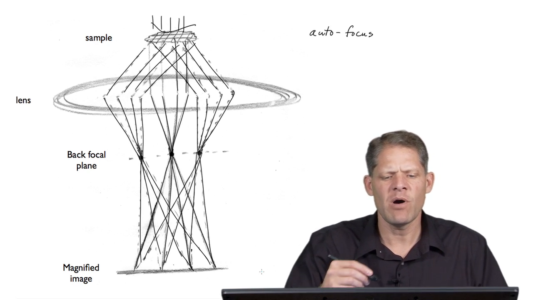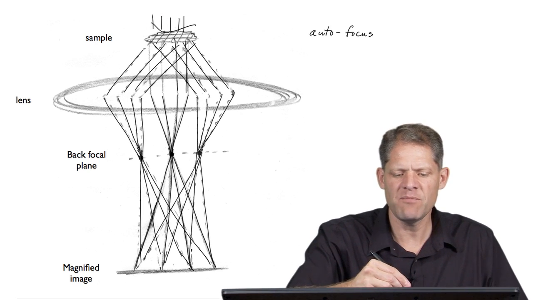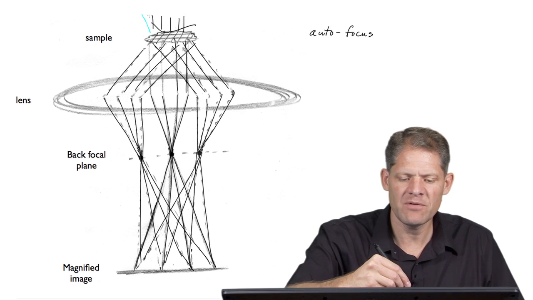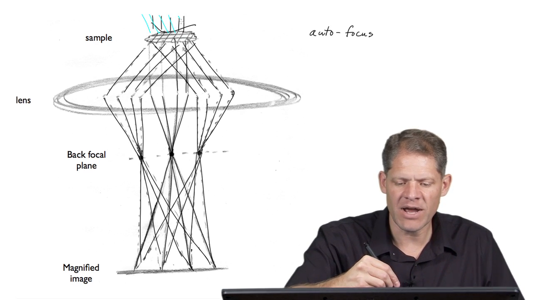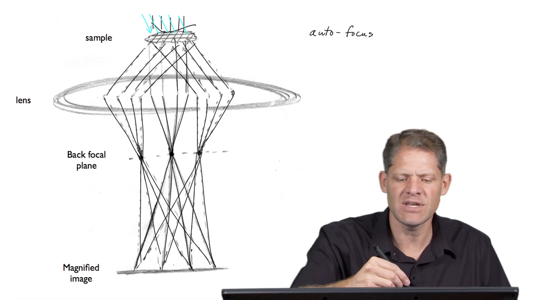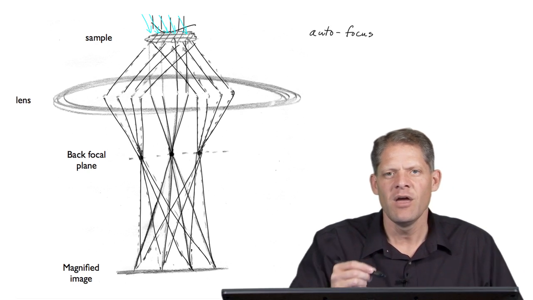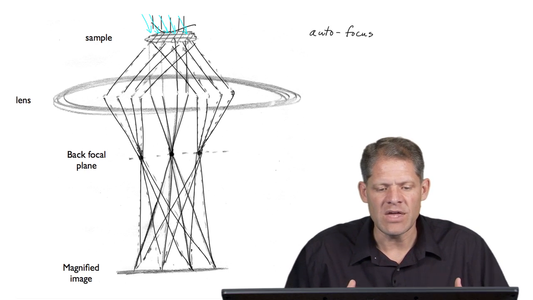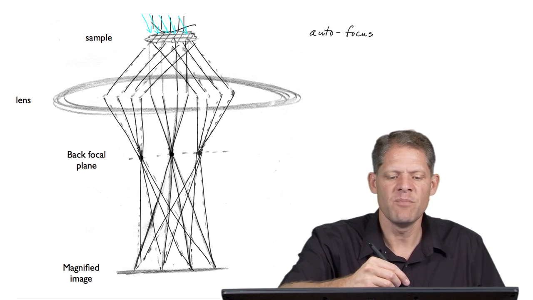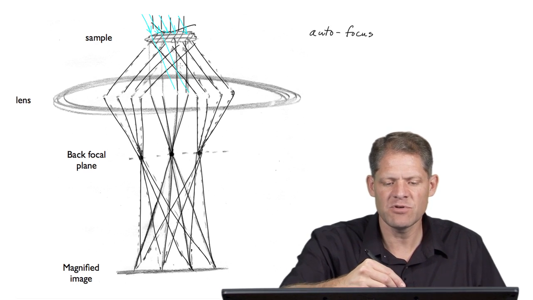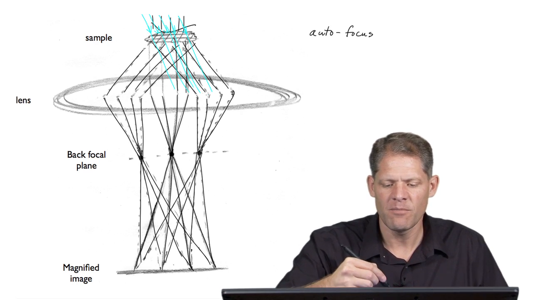But now let's think about what would happen if instead of the beam coming straight down onto the sample, what if it were coming from a tilted direction? Now this of course is grossly exaggerated, but what if it was coming down in this tilted direction? Because biological objects are weak scatterers, the maximum of the wavefront as it comes through the sample would be in the same direction as the unscattered beam.